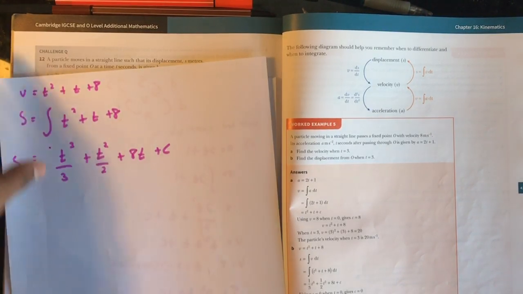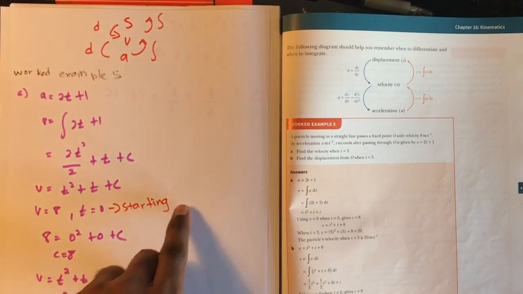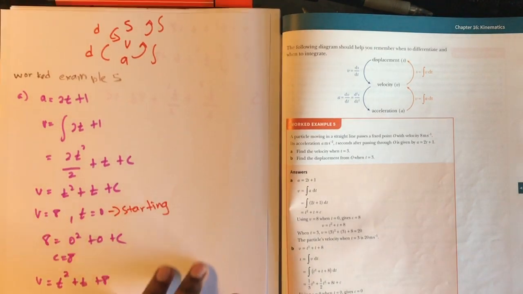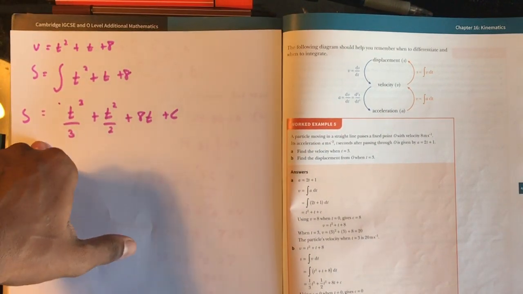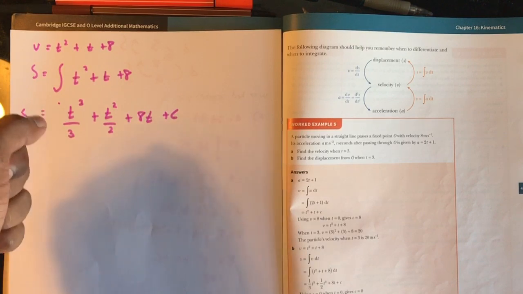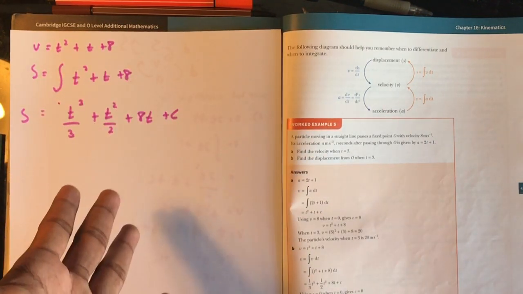One of the declarations I made earlier: when time equals 0, because it's the starting point, my velocity is 8. That is something we can get straightforward. Now, this is displacement, and displacement we can compare with distance. That means when my time is 0, I didn't move anywhere. You agree with me?